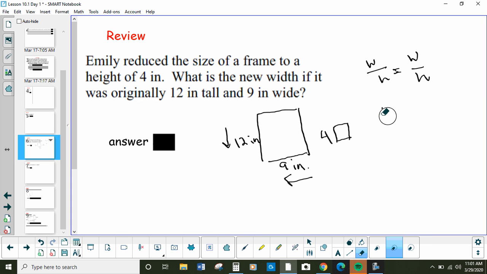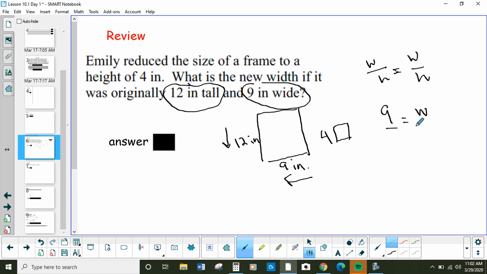It actually doesn't matter what I put on top, as long as I'm consistent. For the original, 9 goes with 12. Just remember that. So if I put width on top over here, what's the new width? We don't know the new width. We'll use W. Now for the old one, the height was 12.